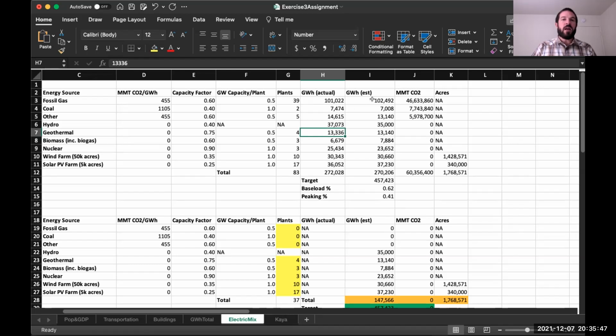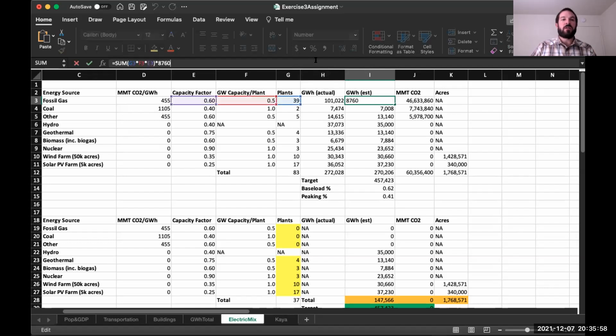So the way that I structured this was to say, all right, here's our estimate of gigawatt hours, and how does that compare to the actual gigawatt hours? So you take the number of plants, you multiply by their capacity factor, and you multiply by their nameplate capacity. So I have 39 plants.